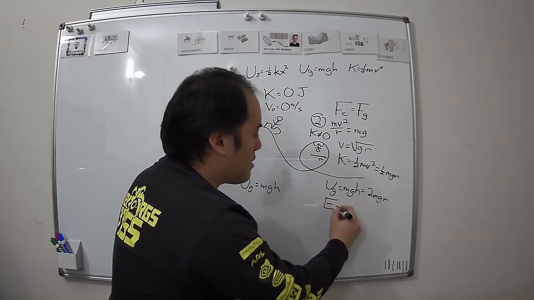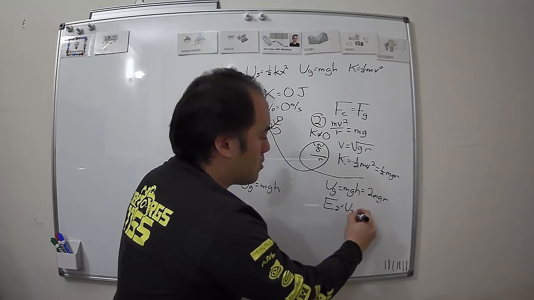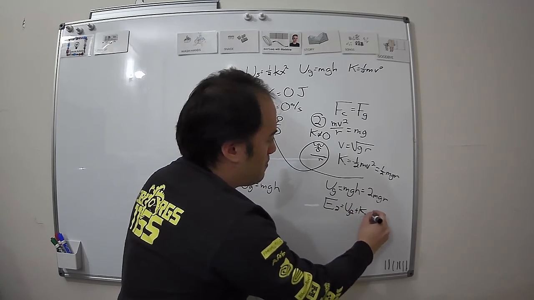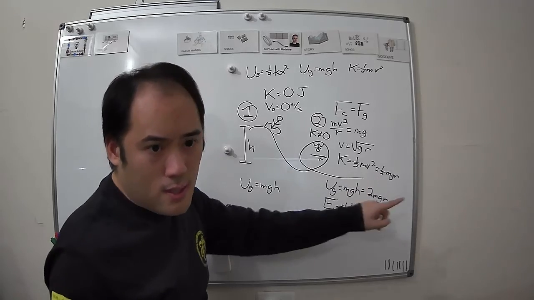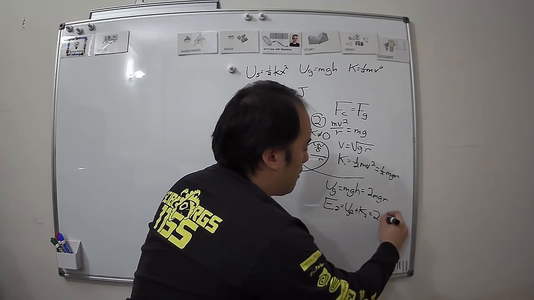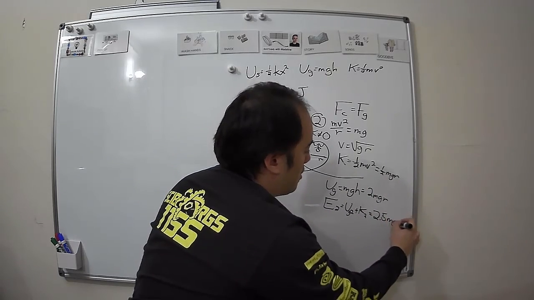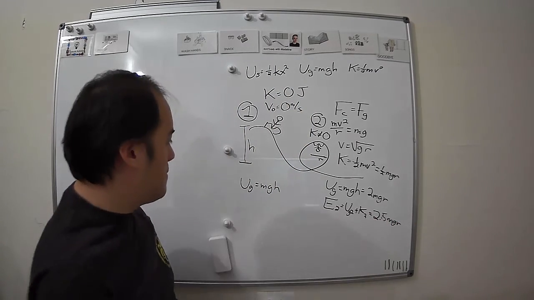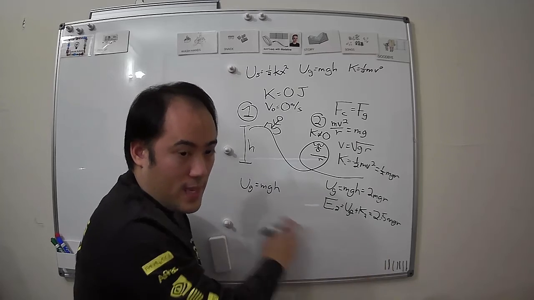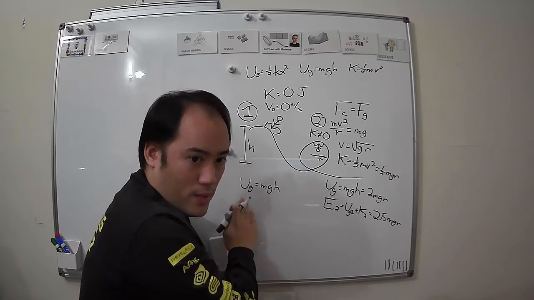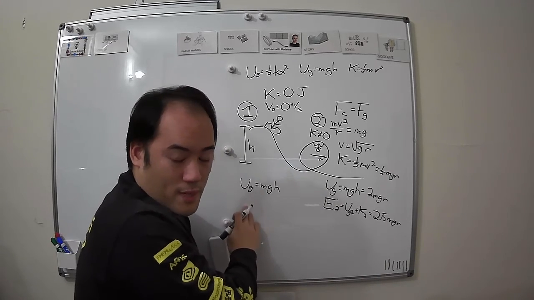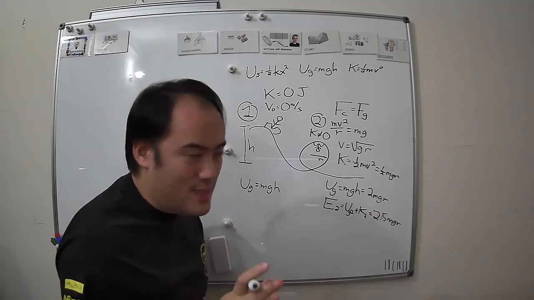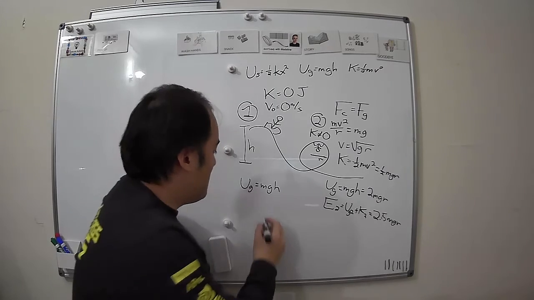So E2, which would be U_g2 plus K_2, is 2.5 mgr. Set this equal to this because it's conserved. Energy is not lost. The total here at position 1 equals the total here at position 2. If I'm going too fast, ask me to go over it in class, please.